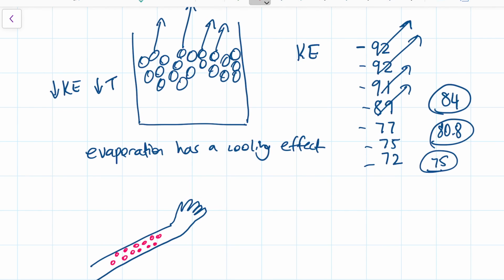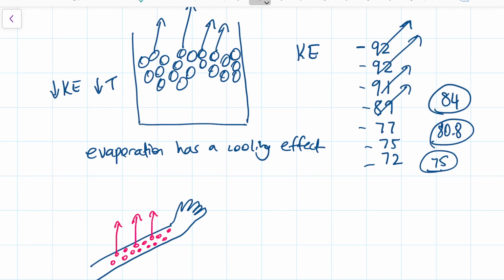And I have all these molecules of water on my skin. Now, what happens when you get out of the pool and it's a slightly breezy day? You get chilled, right? Because evaporation has a cooling effect. Why is that? Well, in order for these molecules to leave your skin, they need sufficient kinetic energy to vaporize.